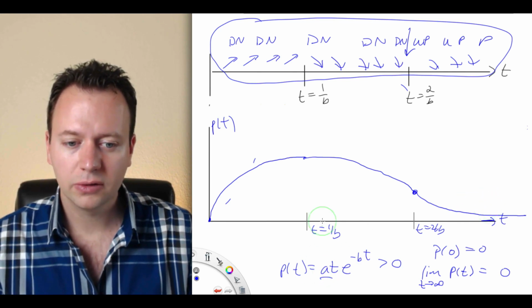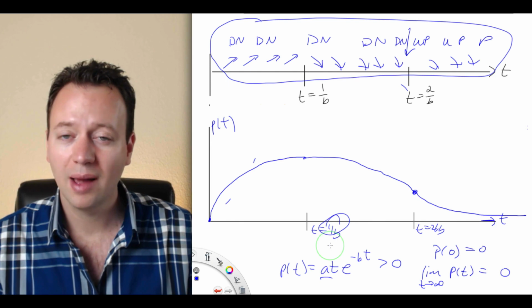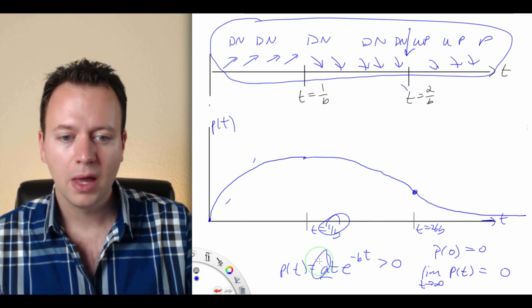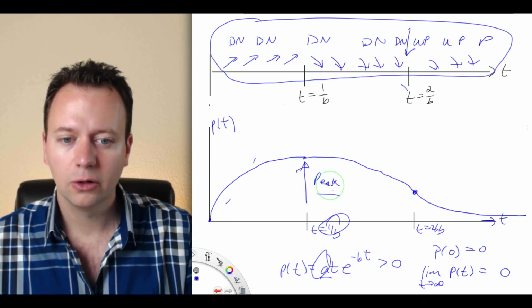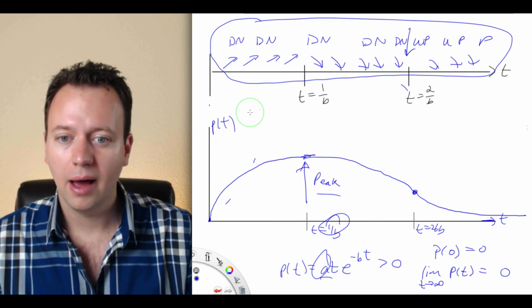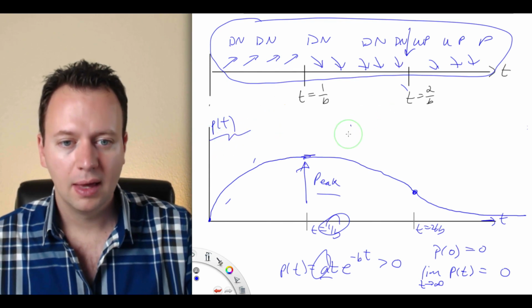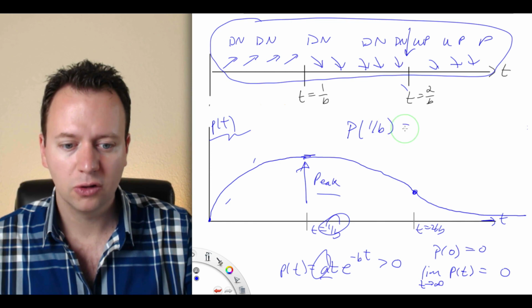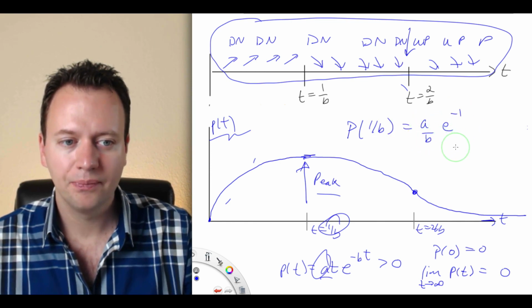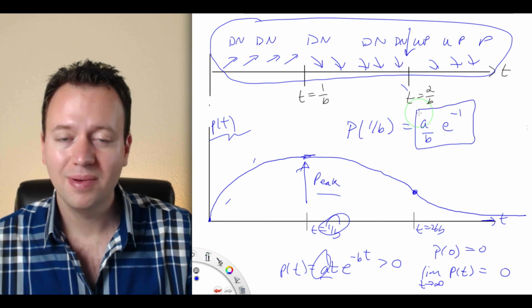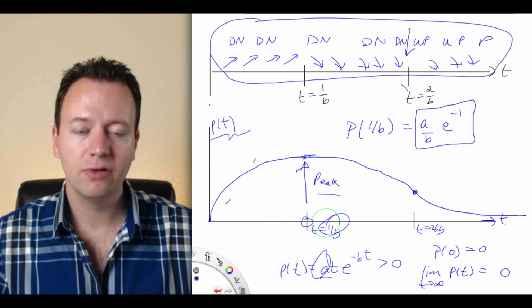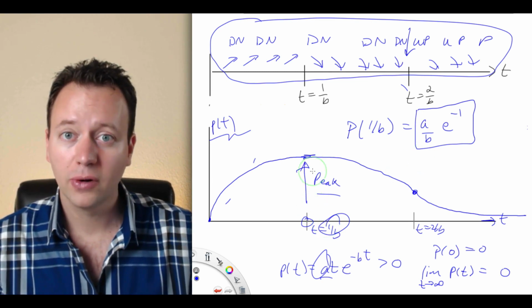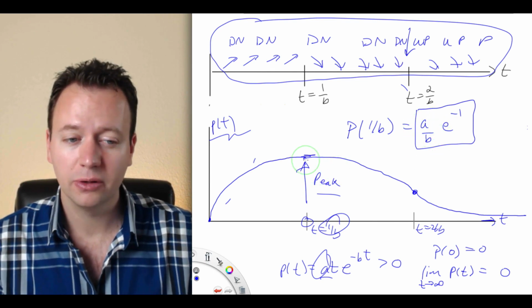Now, we understand how the parameter b factors in, but what about the parameter a? Well, the parameter a basically controls the peak. So we have some sort of maximum value of p, and that's going to occur at time 1 over b. So p of 1 over b is a times 1 over b times e to the minus 1. So b itself controls at what time there will be a peak value of this function p of t, and then the parameter a controls how strong that peak is going to be.